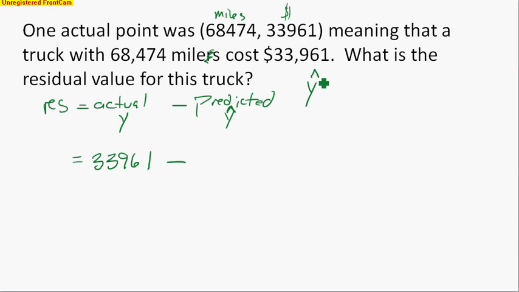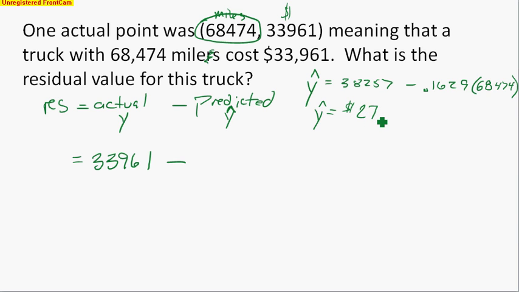We have this equation, y hat equals 38257 minus 0.1629 times x. And again, what's the x? Well, that is what I already know. That's the miles, right? So I'm going to plug the miles into the equation, and this is going to get what the line predicted for this truck. So if I plug that in, I get a y hat, a predicted value of $27,102.59.